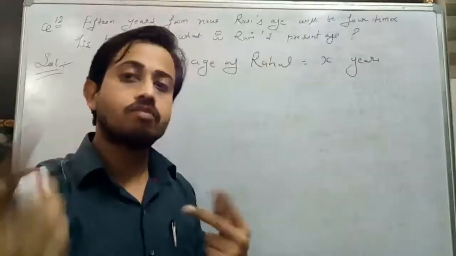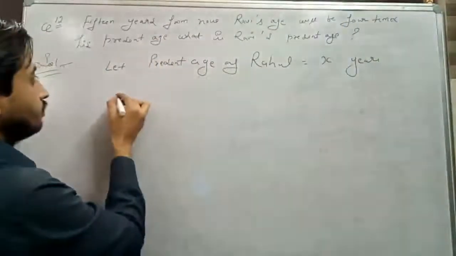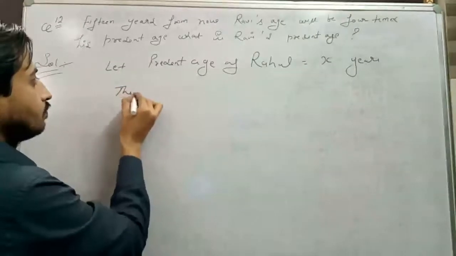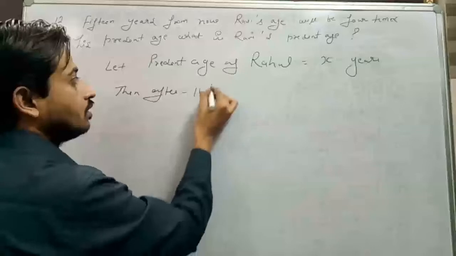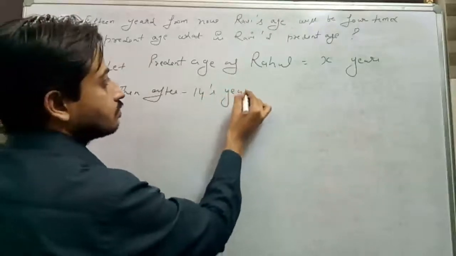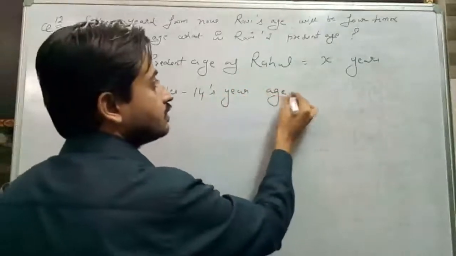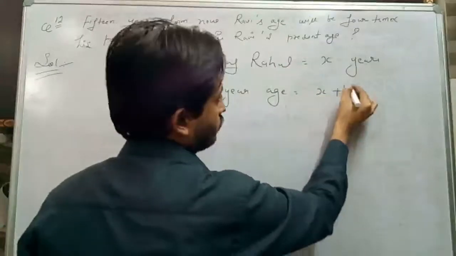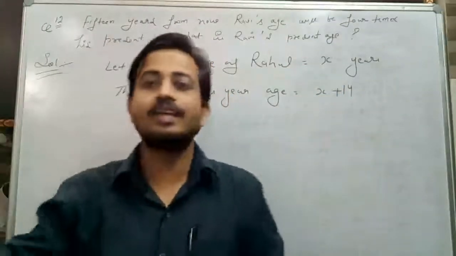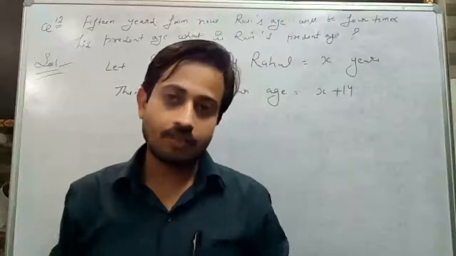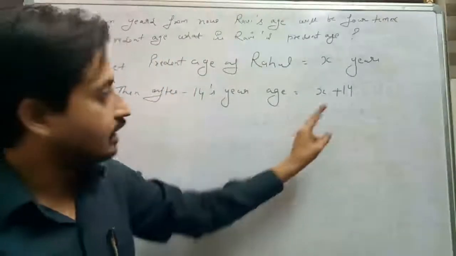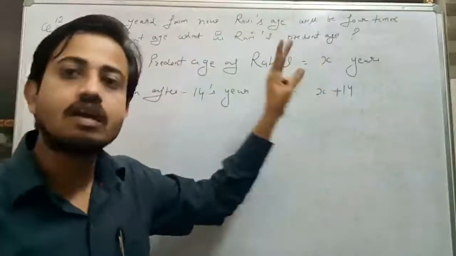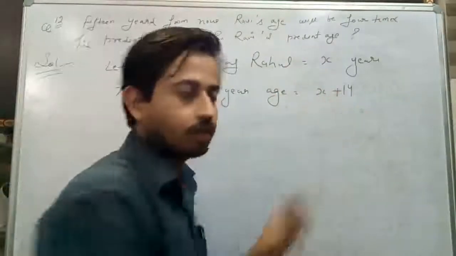Then after 14 years, the age is equal to x plus 14, because today my age is 25. Then after 5 years, 25 plus 5 is equal to 30. Same here. Today the present age is x. Then after 14 years, x plus 14.